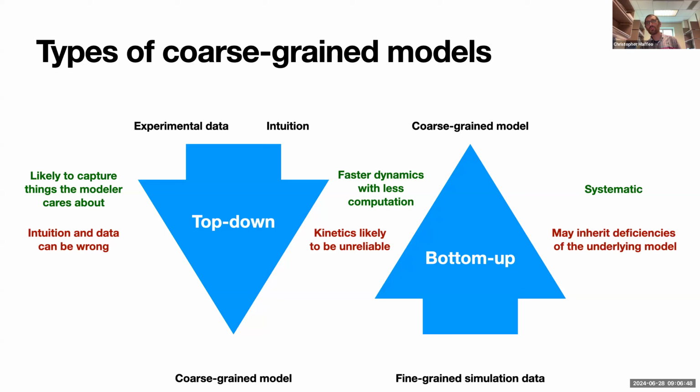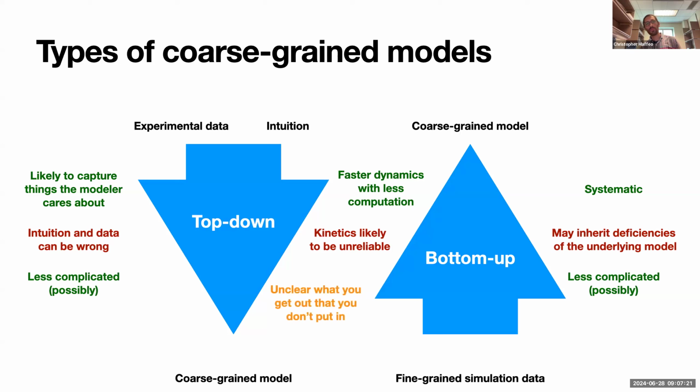But you have a similar problem with bottom-up coarse graining, where the underlying all-atom model may have deficiencies that will be baked into your coarse-grained model at the end of the parameterization procedure. And then one can make the argument for either top-down or bottom-up approaches that it's a simpler process. Which is actually simpler is going to depend a lot on the circumstances, the exact system that you're coarse-graining.